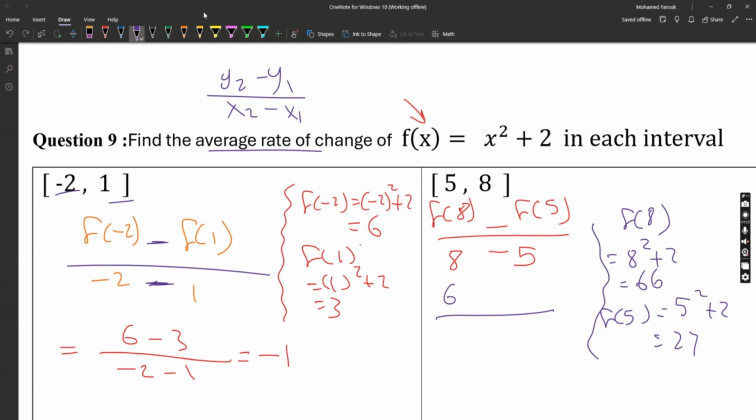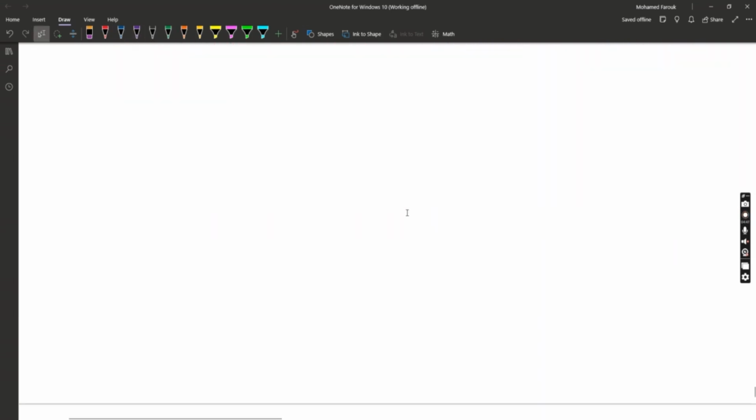So it will be 66 minus 27 over 8 minus 5, which is 39 over 3, equal to 13. So this is the average rate of change. Let's continue.